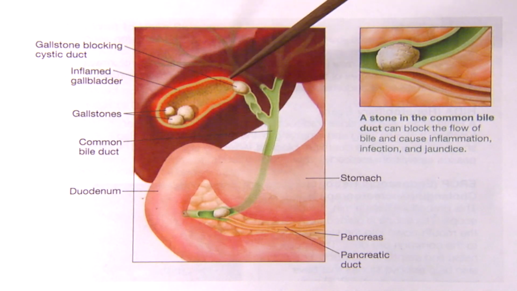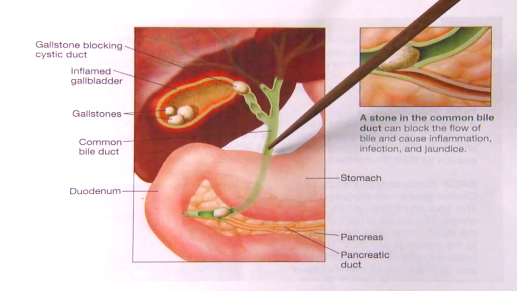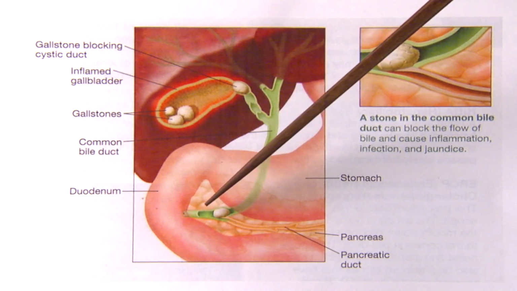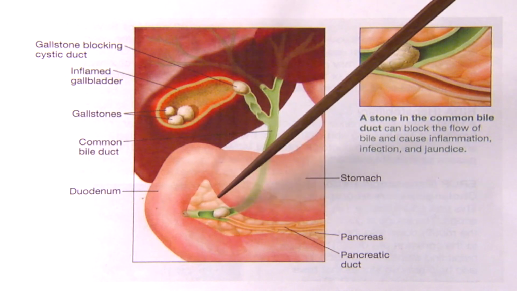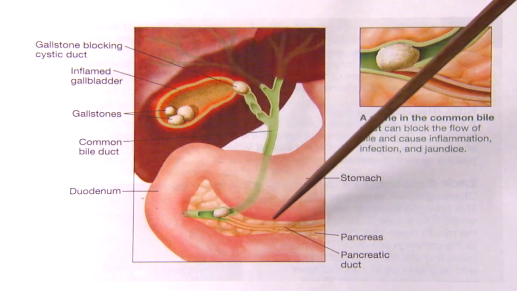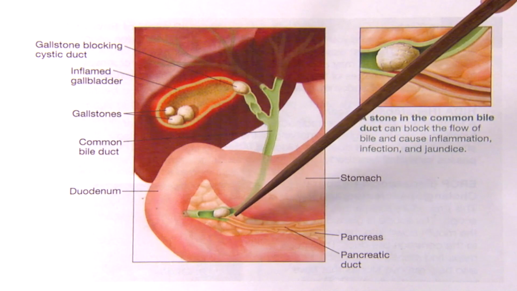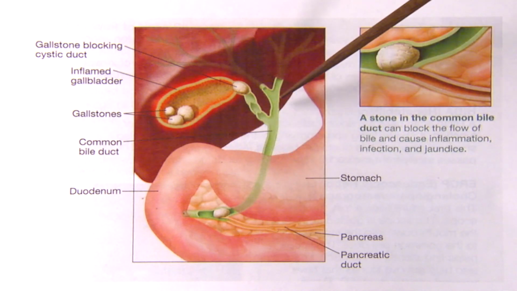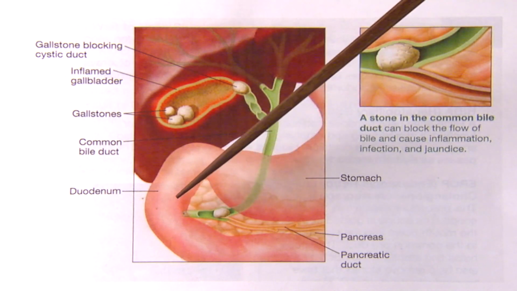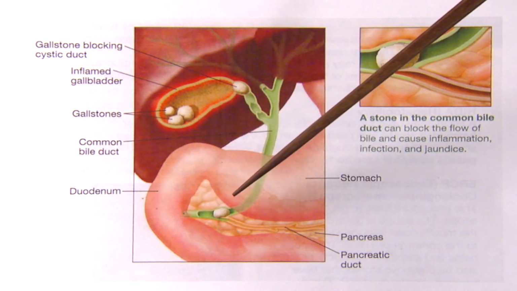Occasionally a stone can pass from your gallbladder into your cystic duct here, and all the way down your main common bile duct and get lodged in this section here, causing blockage of your pancreas duct and of your common bile duct, causing severe symptoms. Occasionally the stone will fall out or may need to be removed. Sometimes a gallbladder can become sick without gallstones, but this is less common and is treated in the same way.